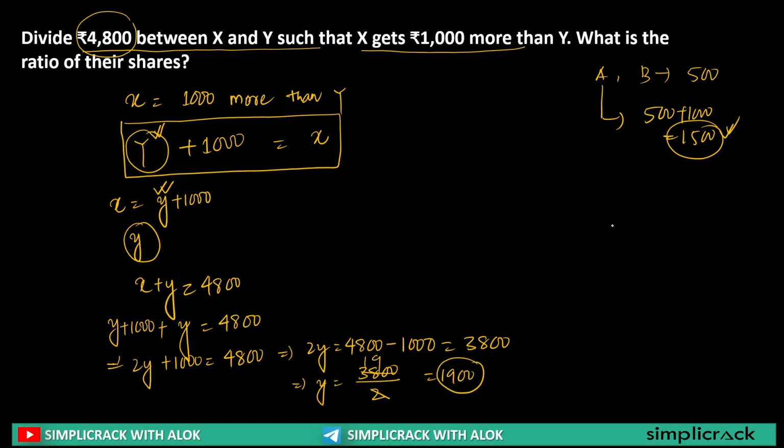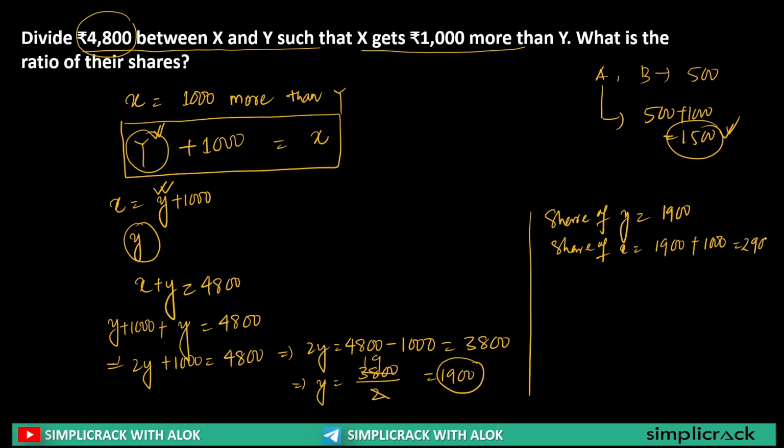So the share of Y is equal to 1900. Now the share of X is 1900 plus 1000, that is 2900.